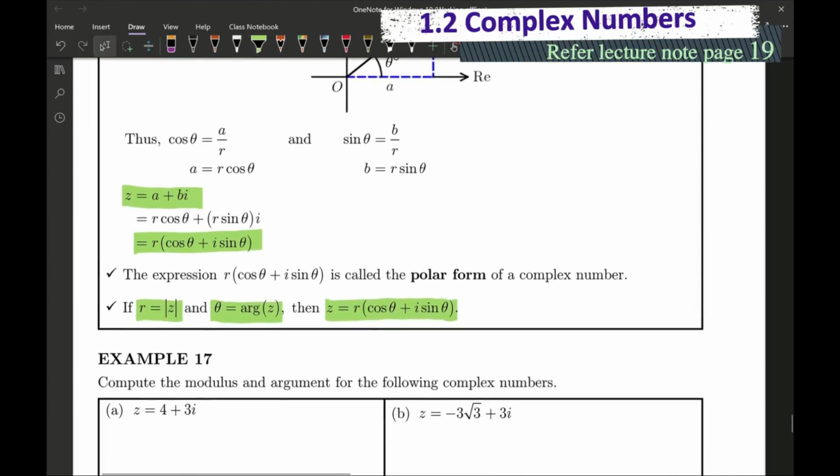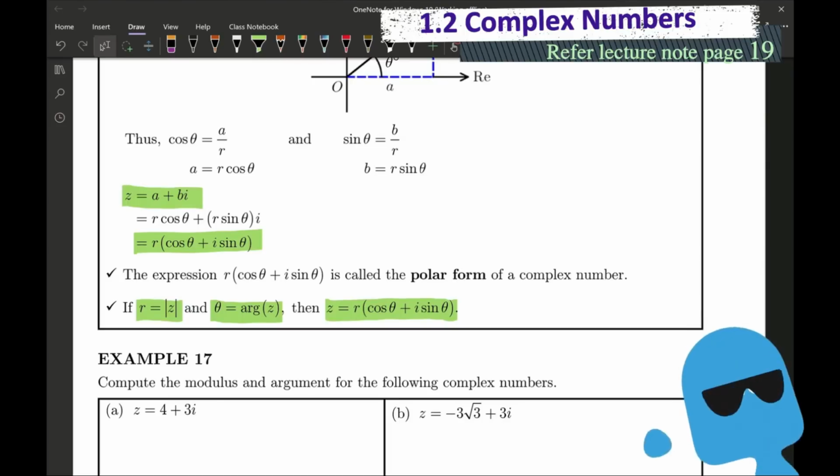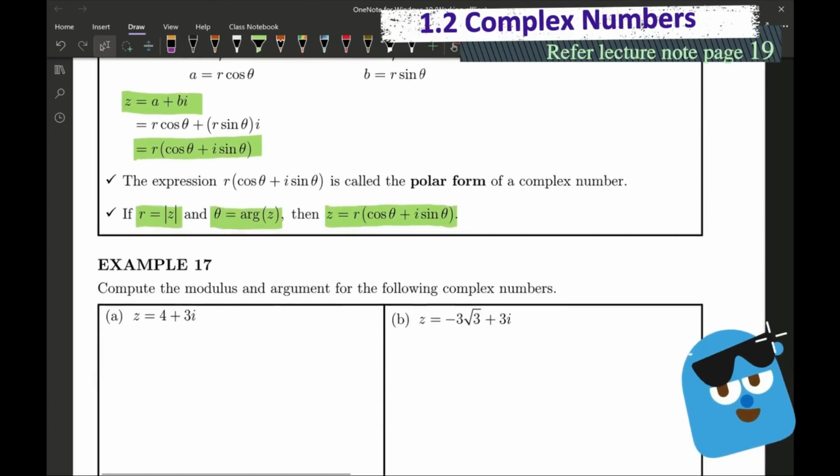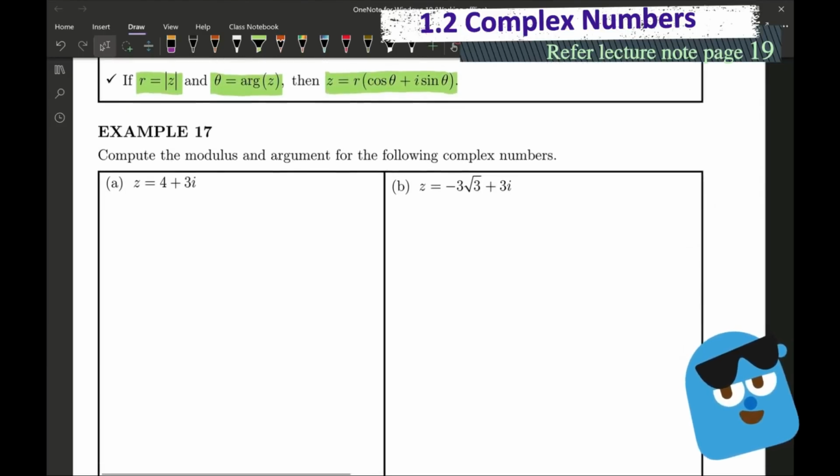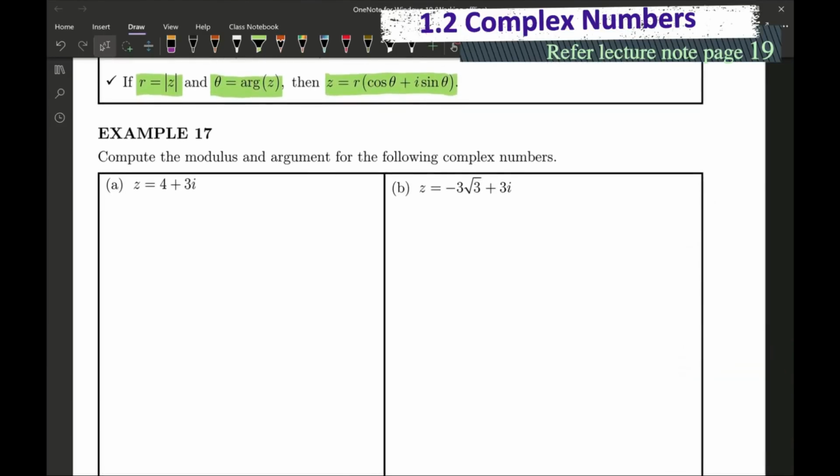Okay, now we can go to our example 17. Alright, so example 17a first. From our z equal to 4 plus 3i, what is our a? From here, our a is equal to 4 and our b is equal to 3.